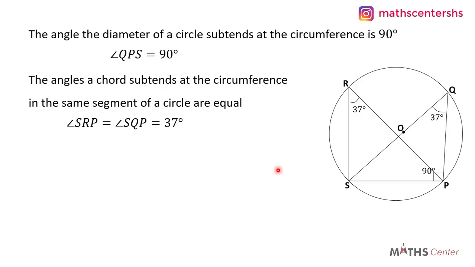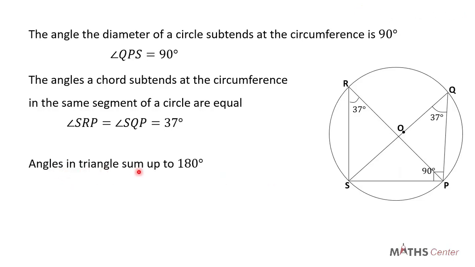If we consider the triangle PSQ, we can see that the angle formed at point S, the angle formed at point Q, and the angle formed at point P form the interior angles of the triangle. We know that the angles in a triangle sum up to 180 degrees.